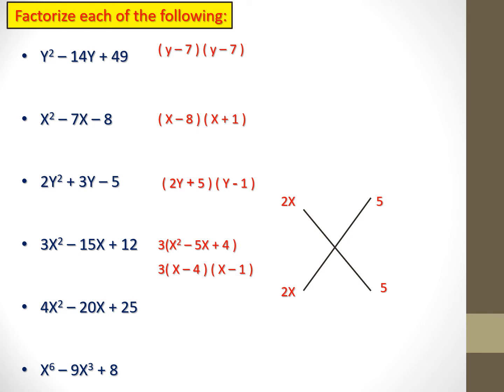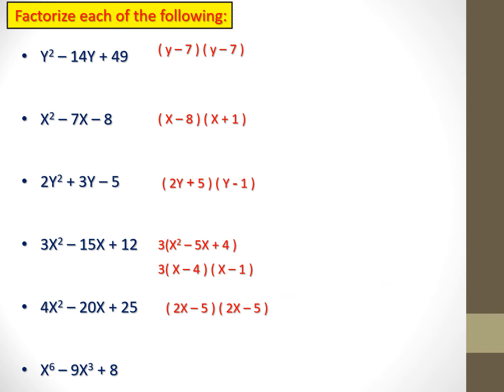The last sign is positive, so the middle sign is the same for the two brackets. 2x times 5 equals 10x, and 2x times 5 equals 10x. If we add them it equals 20x, like the middle term, so it's a correct answer. The result will be 2x minus 5 and 2x minus 5.